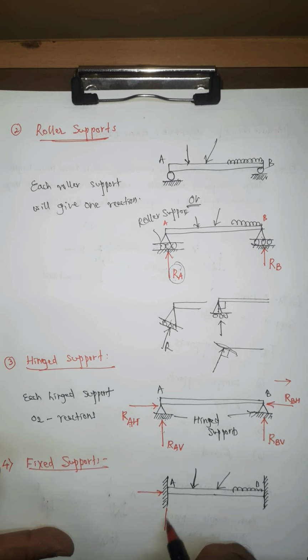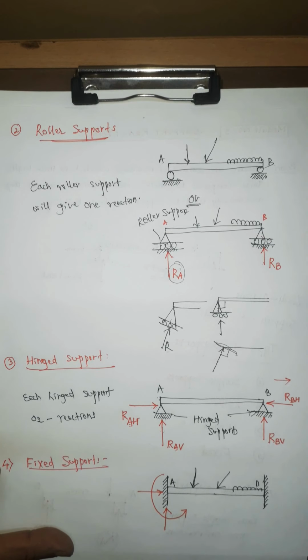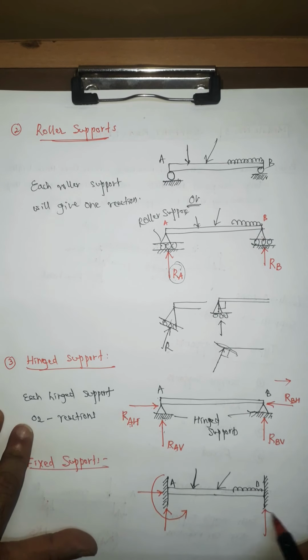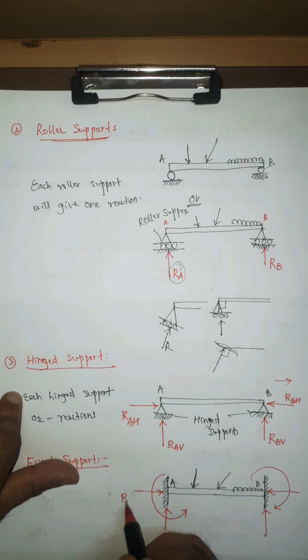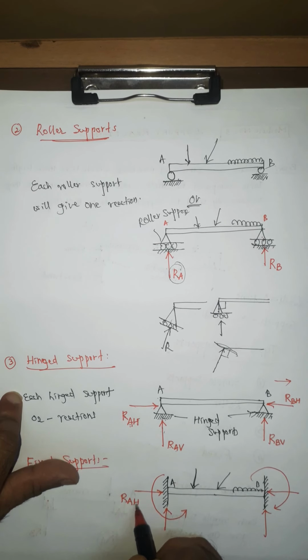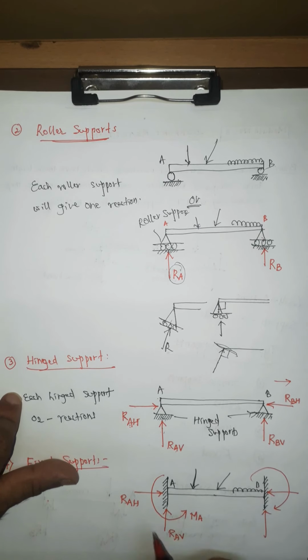I am saying three components. So what are these three components? This is the reaction at A, horizontal, that is RAH. This is RAV, reaction at A, vertical, and this is the moment at A. This may be clockwise or anti-clockwise.